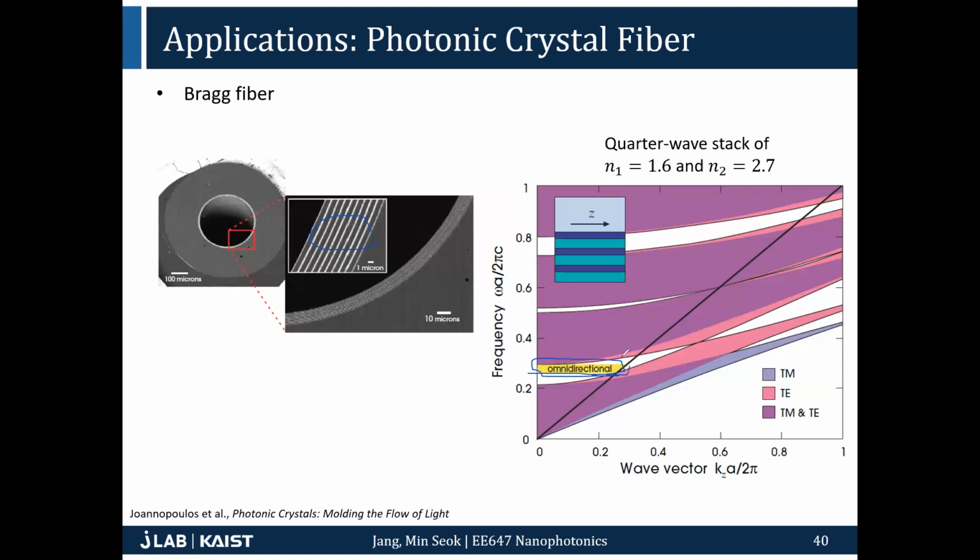And if you have a band gap, then at this frequency, this photonic crystal acts as a mirror. No light can penetrate into it, so that you can have a wave propagating along the core.